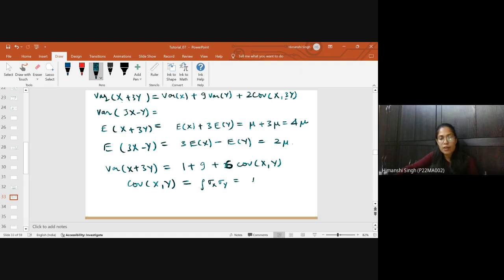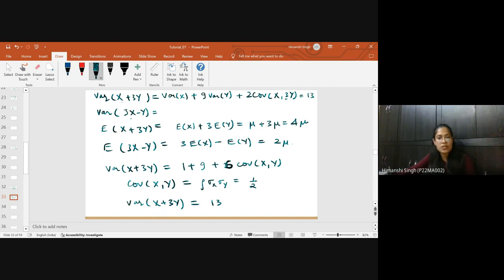So rho we have 1 by 2 and sigma x sigma y we have 1, so it will be 1 by 2. So it will become 3 here, and 9 plus 1 is 10, so it will be 13.